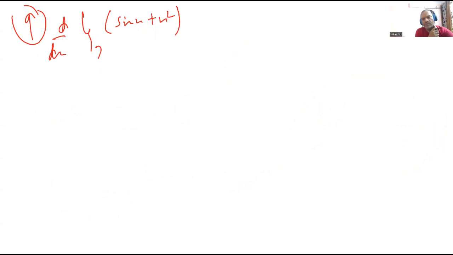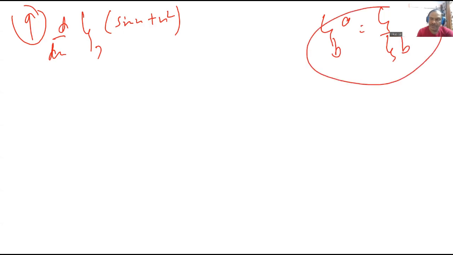In the case of log, what you must know is that it can be rewritten in the form of log A base B as log A over log B. This is the method.